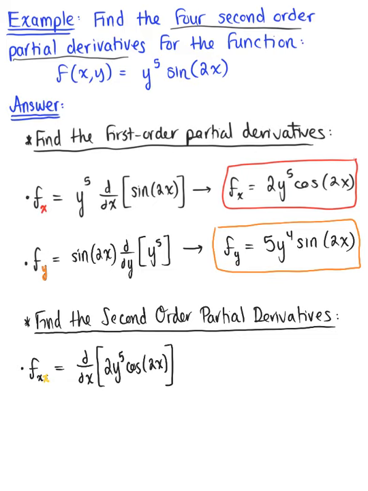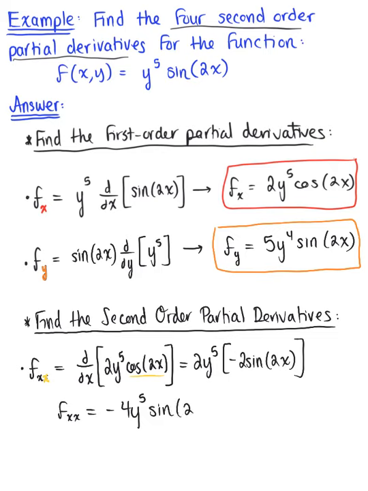So again, we're differentiating with respect to x here, so y is a constant. So we have our scalar multiple, 2y to the 5th, multiplied by the derivative of cosine of 2x, which leaves us with minus 2 sine of 2x. And so we are left here with a beautiful final answer. The second order partial derivative f sub xx is equal to negative 4y to the 5th sine of 2x.